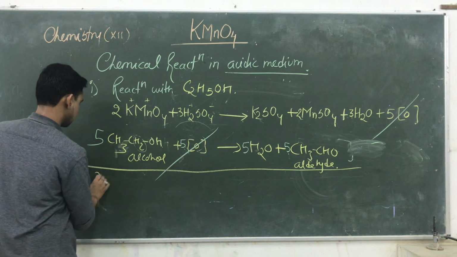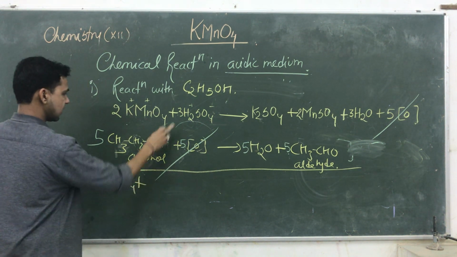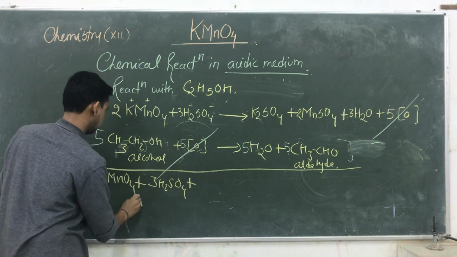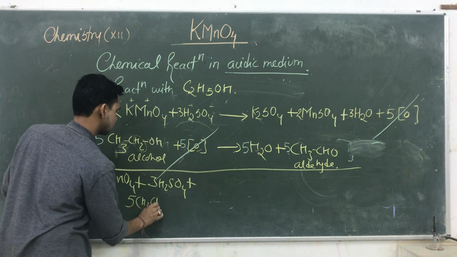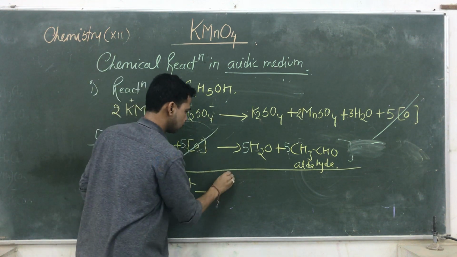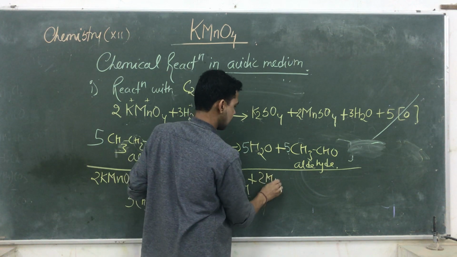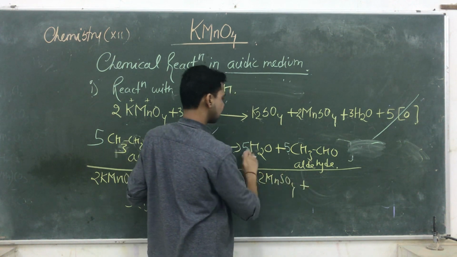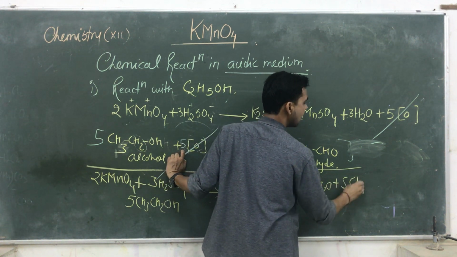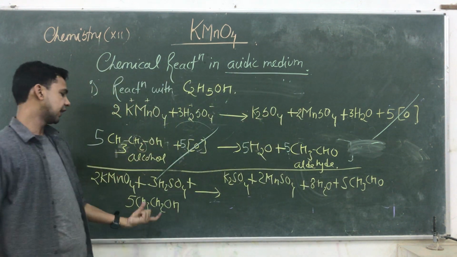The overall reaction is twice KMnO4 plus thrice H2SO4 plus 5 CH3CH2OH, ethyl alcohol, converting into K2SO4 plus twice MnSO4 plus 8 H2O, and it is giving you 5 molecules of aldehyde. तो यहाँ पे जितना भी आपका अल्कोहल है वो aldehyde में कन्वर्ट हो जाता है.